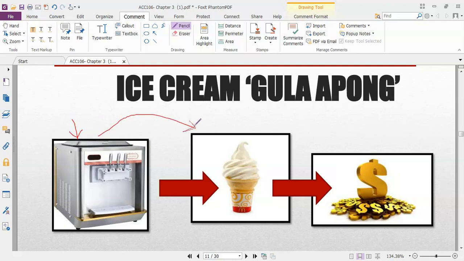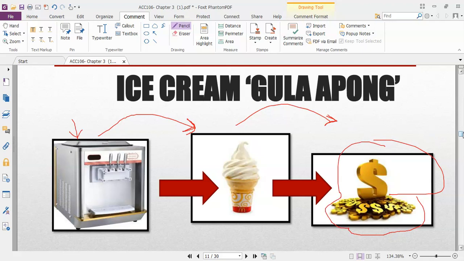And then, if the machine will produce ice cream, so that the ice cream, kita akan jual kepada customer. So, bila kita jual kepada customer, kita akan dapat apa ni? Dapat apa ni, kelas? Apa yang kita akan dapat? Duit lah. Okay. So, duit. So, this is the economic benefit revenue. Okay. Hasil revenue.